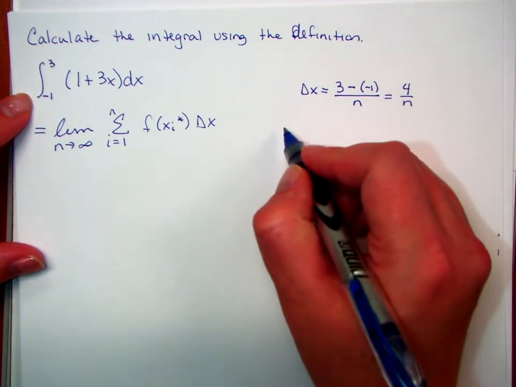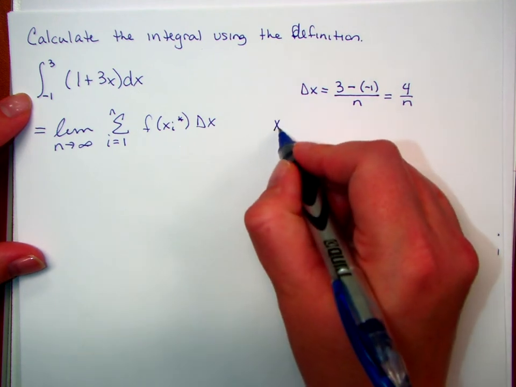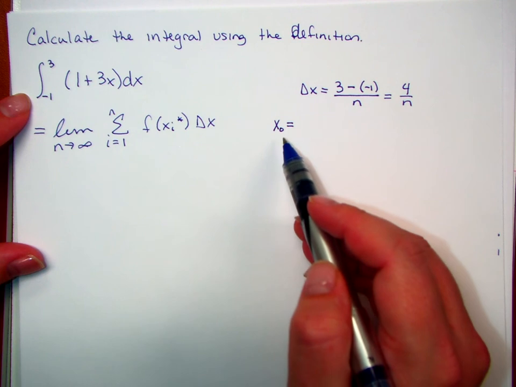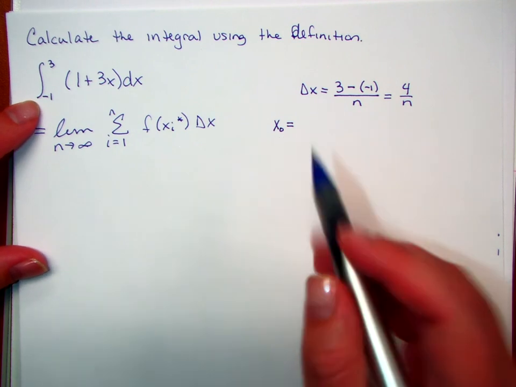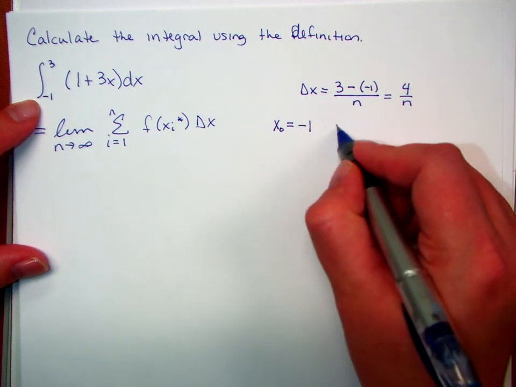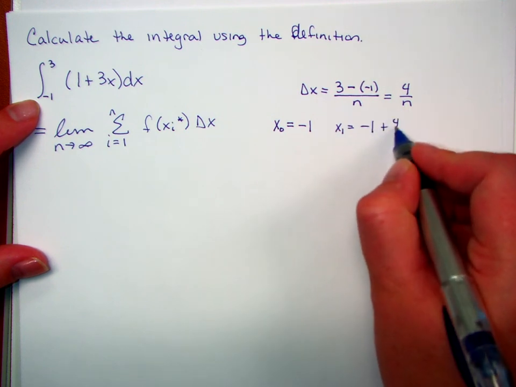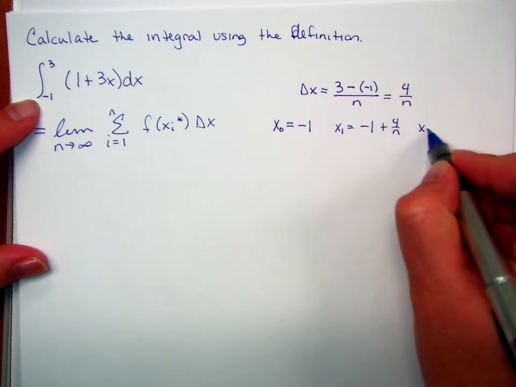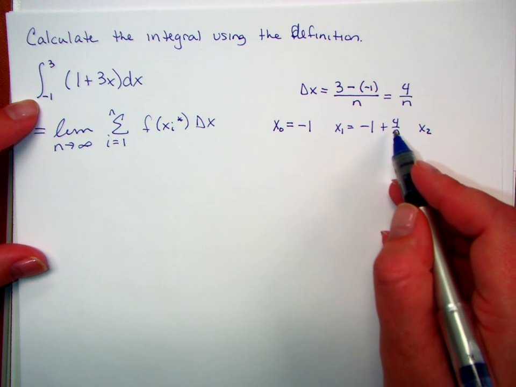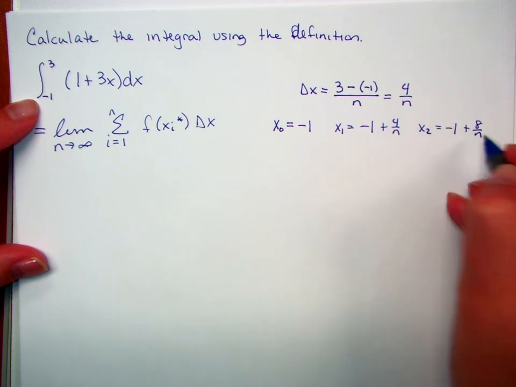Now, what are our x sub i's? Start with x sub 0, and then find a formula. So x sub 0 is always your lower limit. X sub 0, we're starting this at -1. And so x sub 1, we're going to add delta x to that. So -1 plus 4 over n. X sub 2, we're going to add delta x to x sub 1. So if I add 4 over n to this, I'm going to get -1 plus 8 over n.